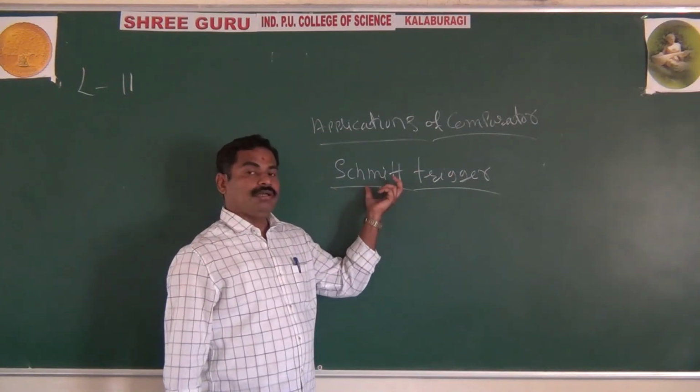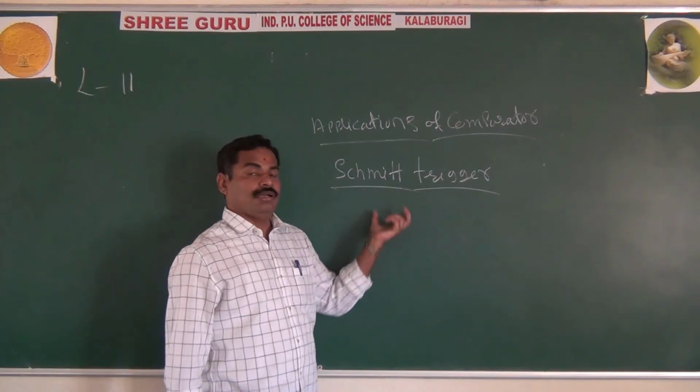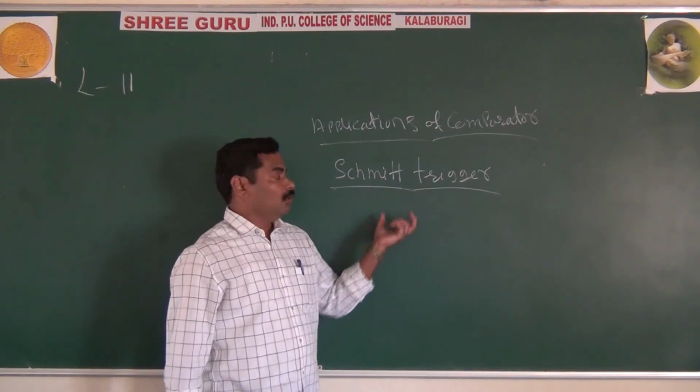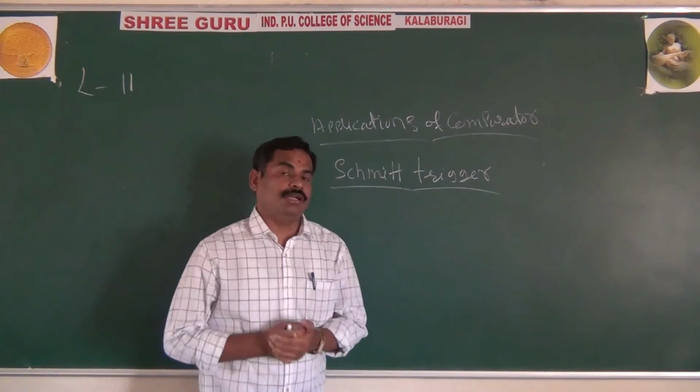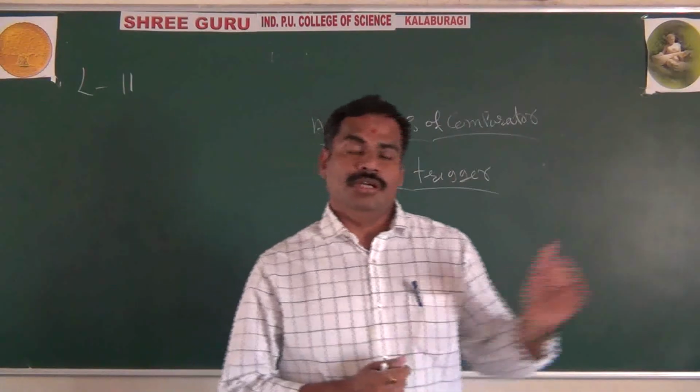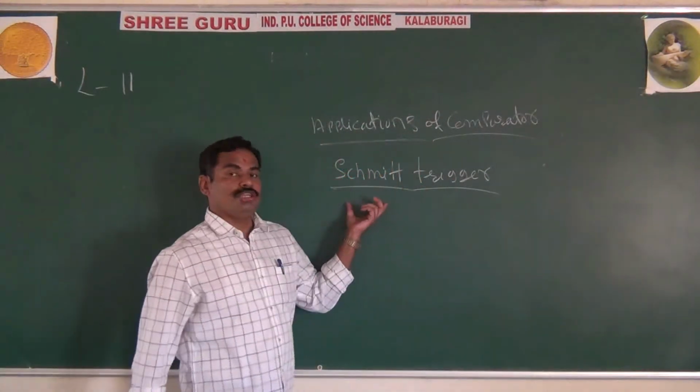A Schmitt trigger is a circuit or device. It is basically a comparator with positive feedback. That is called a Schmitt trigger.